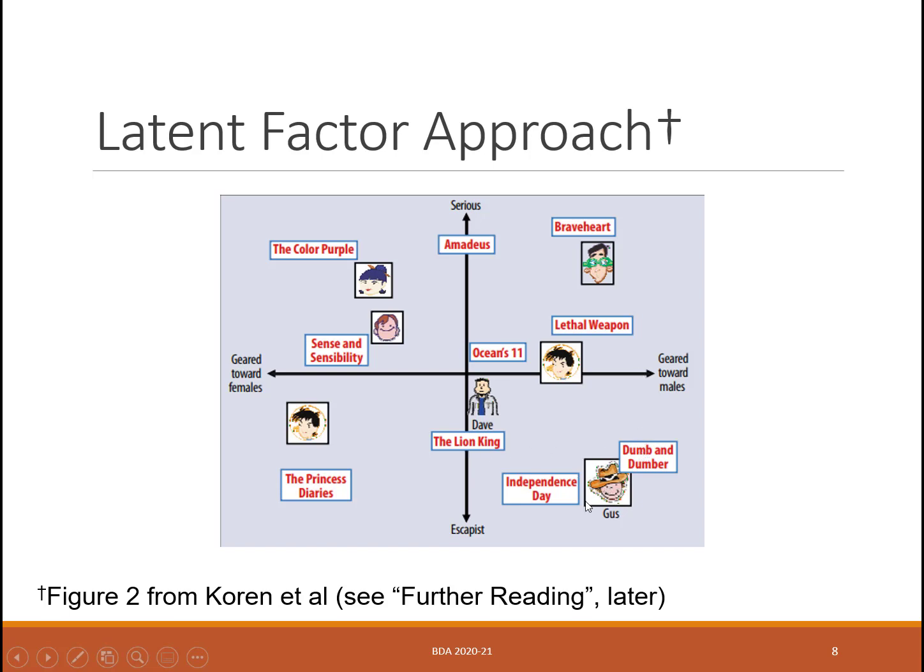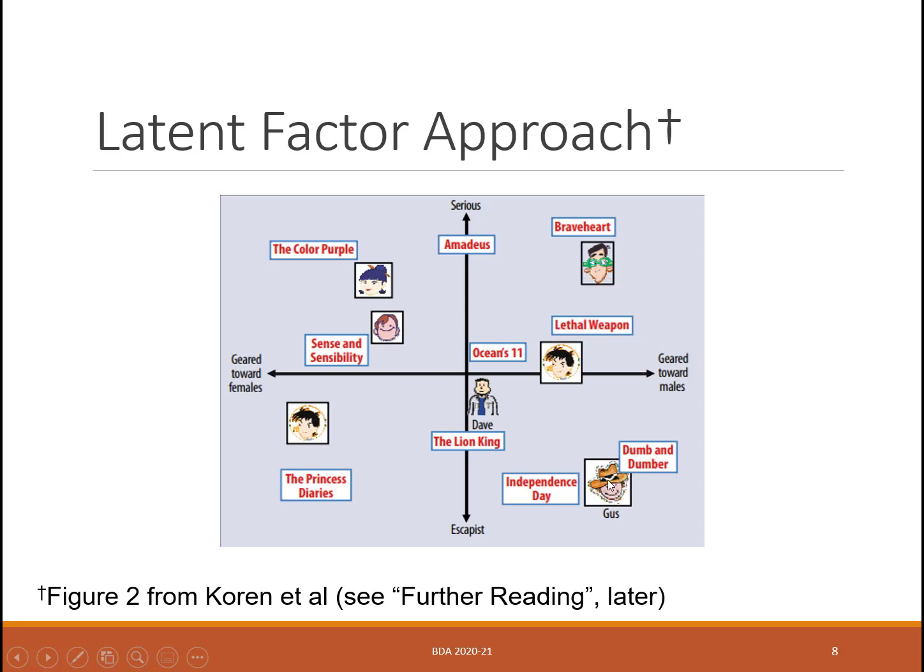For instance, the factor vector for Gus consists of 2 numbers, each for 1 factor. Similarly, the movie Dumb and Dumber has a specific vector with 2 factors. So, to obtain the predicted rating of the movie Dumb and Dumber by Gus, we should dot product these 2 vectors.